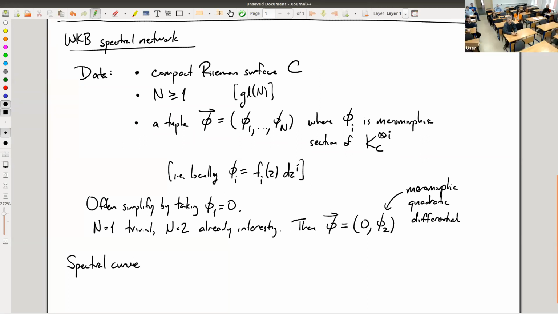Yeah. Whether you put any restrictions on the orders of the poles? So right at this moment, I don't want to put any restriction. In particular, right at this moment, it could be that there are no poles, that they're just holomorphic. Now, I'm going to make a construction which you can define at that level of generality.